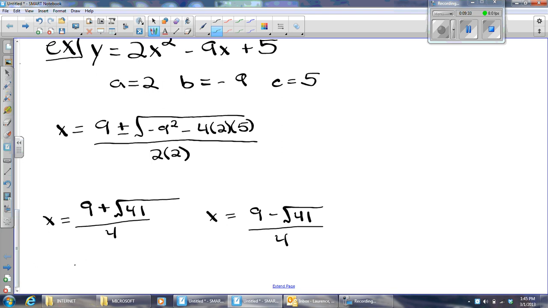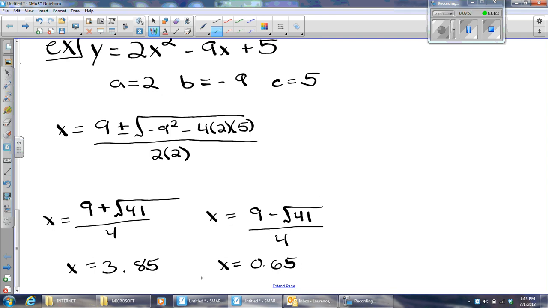So here we get x equals 3.85 and x equals 0.65. Don't forget, these are our roots.